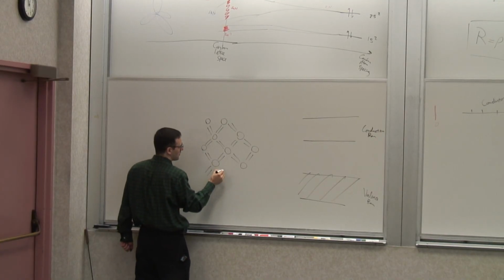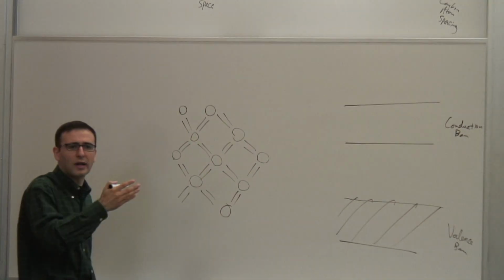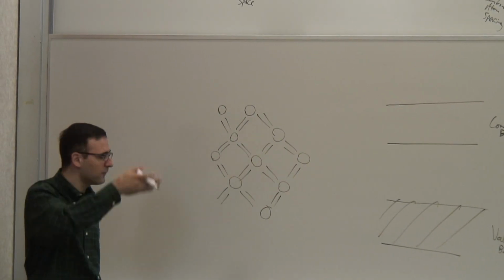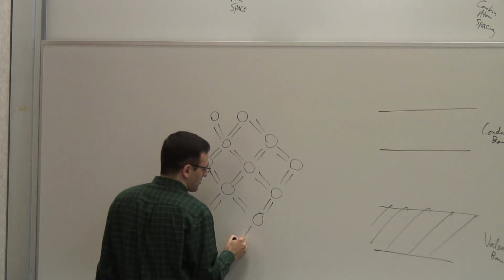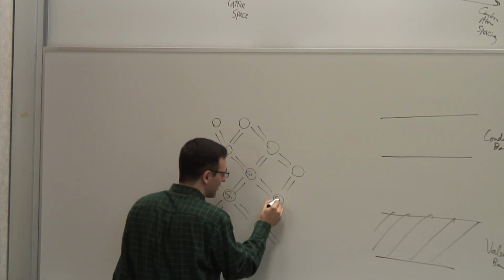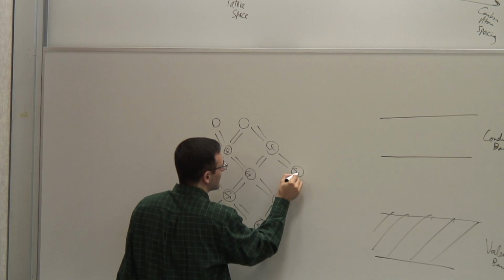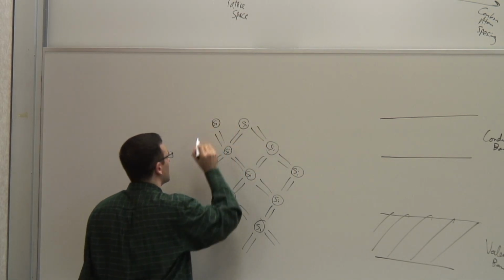So these are carbon atoms, or it could be silicon and germanium. All column 4 elements have the same structure. So let's say this is silicon. The lattice spacing would be different, but carbon and silicon have the same crystal structure.